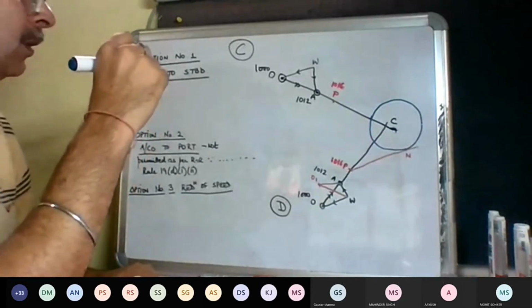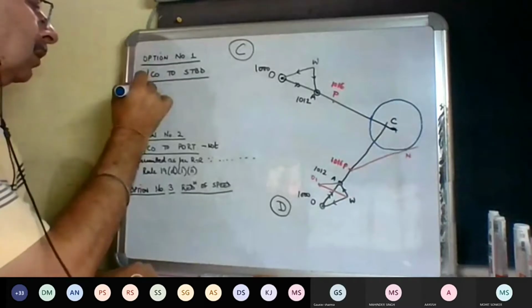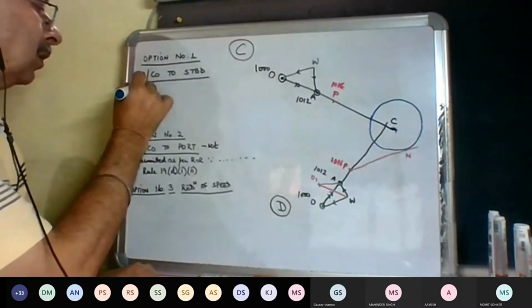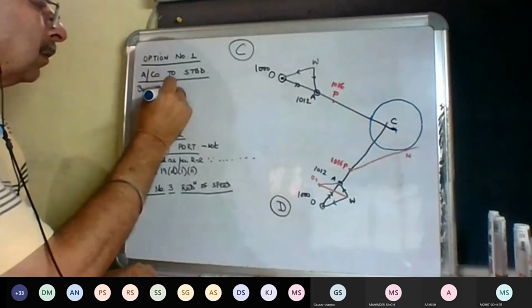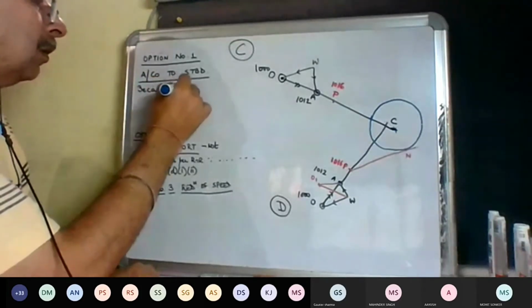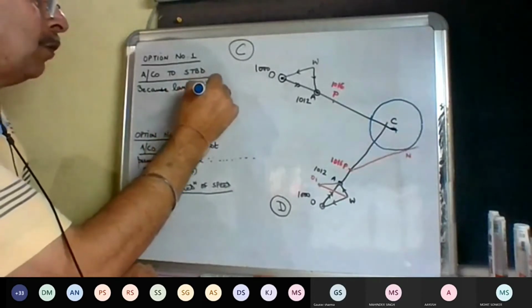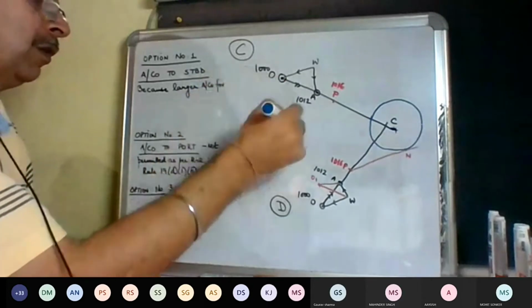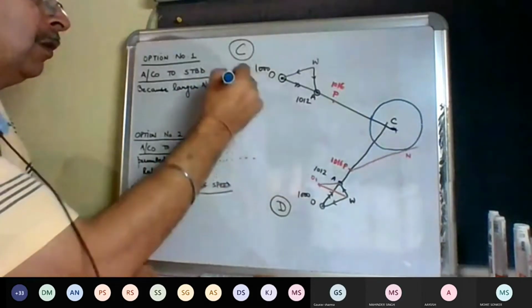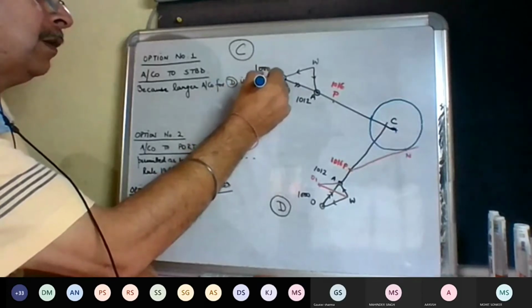So you will write down over here, because larger alteration of course for delta is required.